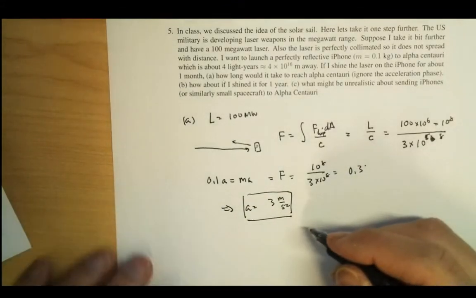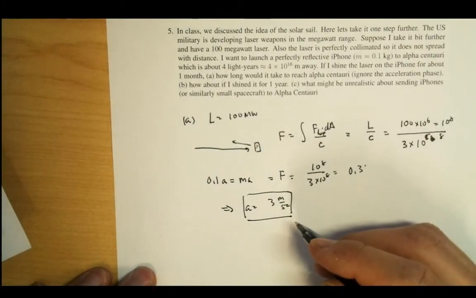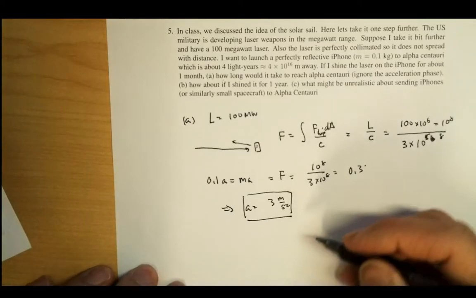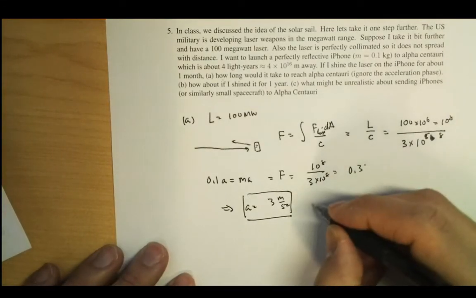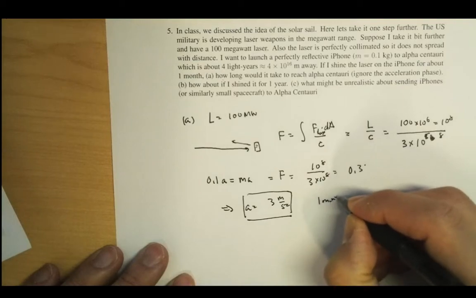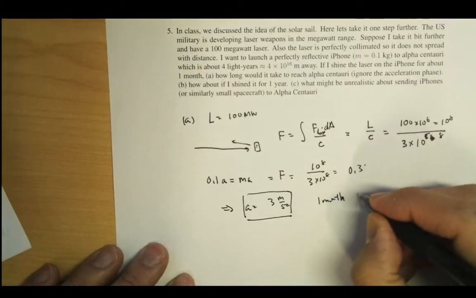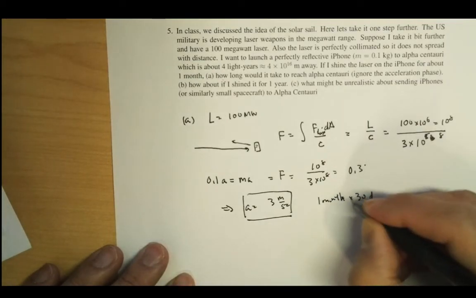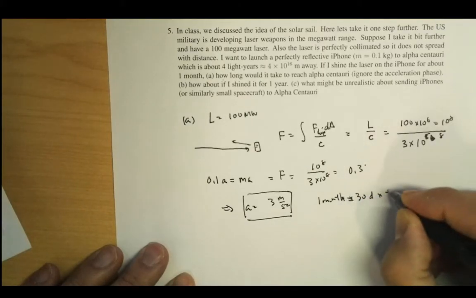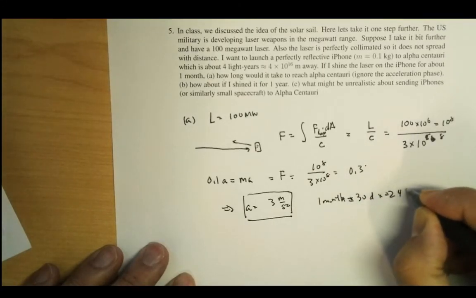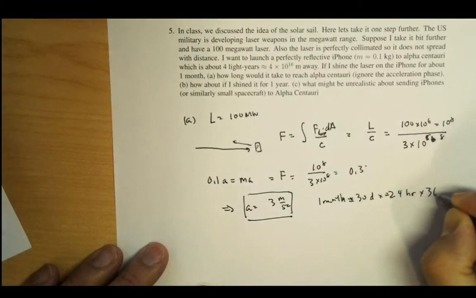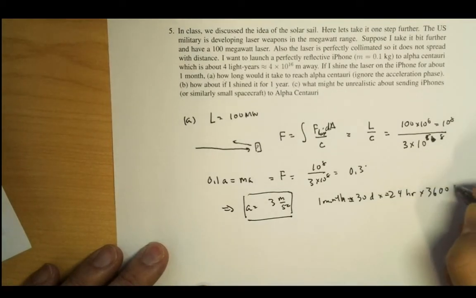Now I want to ask myself, how long if I shine it for about 1 month? A month is about 30 days times 24 hours times 3600 seconds per hour.